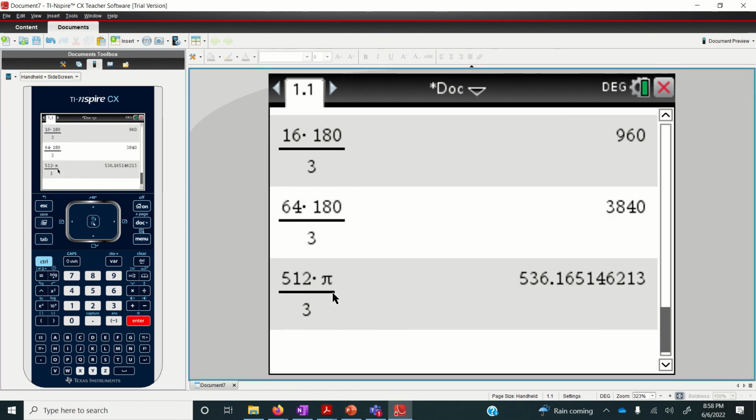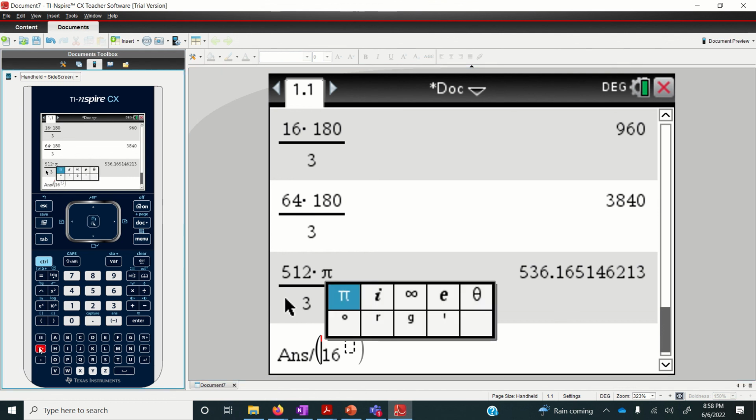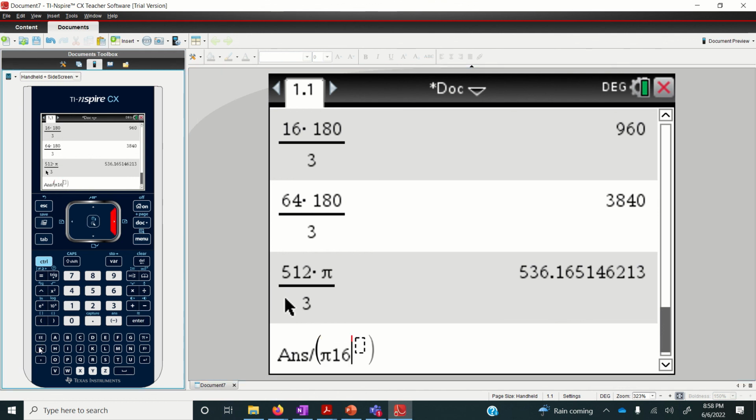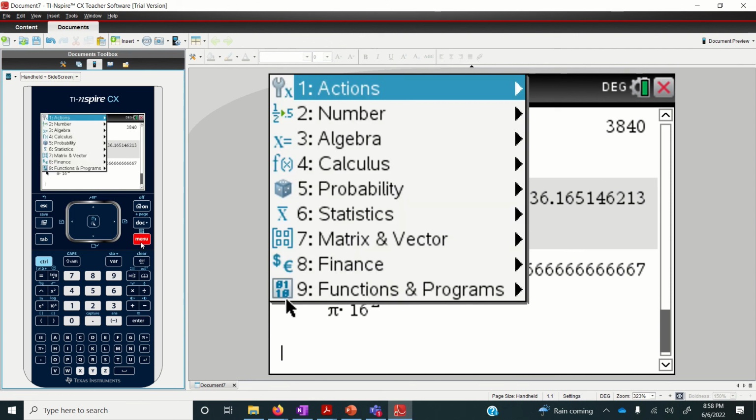You can hit enter for the decimal. And then we're going to divide that again, in parentheses now, by 16. Remember, it's pi r squared. So if you want to put the pi first, that's fine. Pi times 16 squared. And we get 0.6666 repeating.